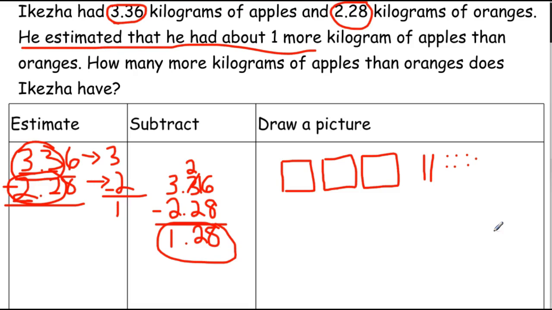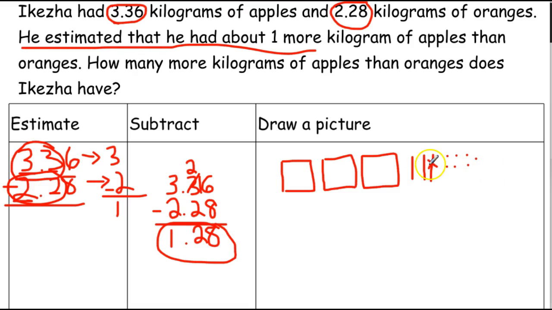All right, so I'm going to start right here and say, okay, I'm taking away 8 hundredths. Do I have 8 hundredths? I do not. So I'm going to have to regroup. Oops, I forgot to add one. I messed that up, sorry.